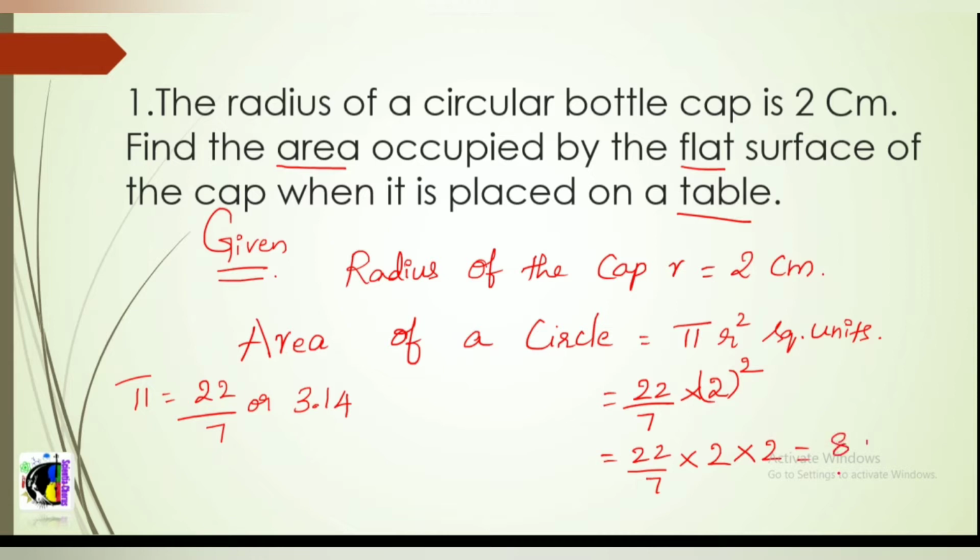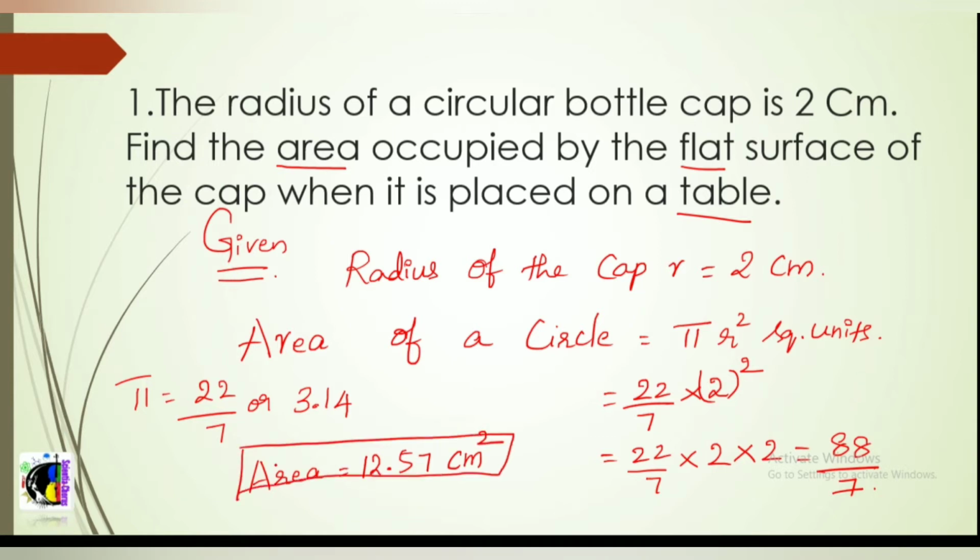So totally I'll be getting 88 divided by 7. If I divide this, I'll be getting the area as 12.57 centimeter square. So this will be the area of the cap.